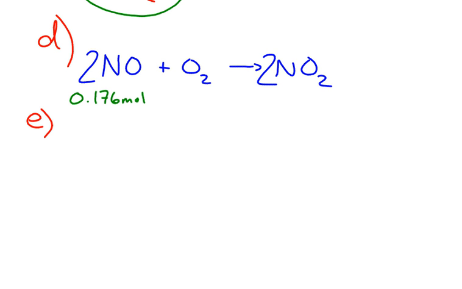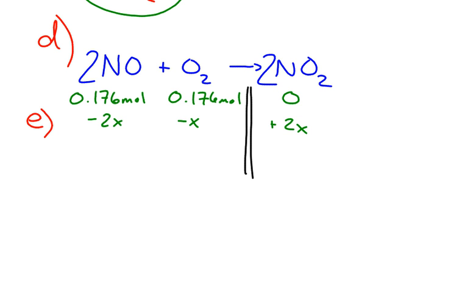I added 0.176 moles of this. So I have 0 right now of that. So it has to drive it to the right. And I don't think it says how much was made, and that's part of the point. So I hope this makes sense so far.